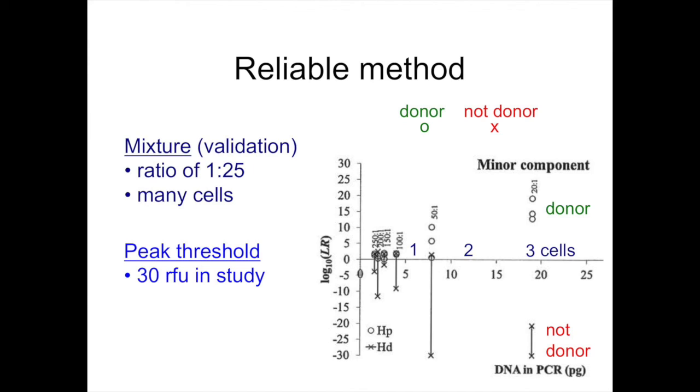The match statistic of a donor, shown as an O, becomes similar to that of a non-donor, shown as an X. When there is less than 1 cell, the software's match statistic cannot separate donors to the DNA mixture from non-donors.